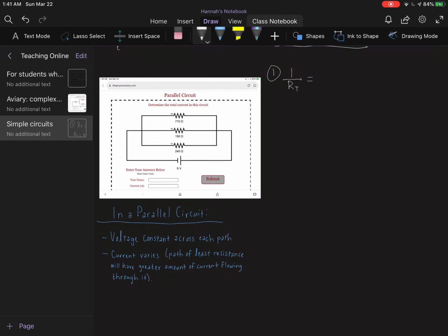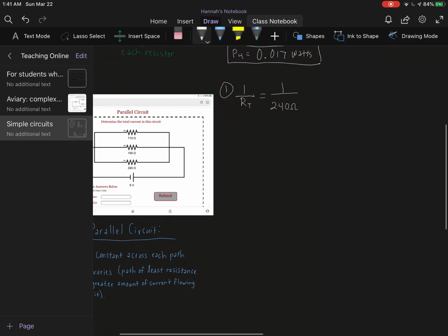Okay, so for this problem, reciprocal just meaning 1 over whatever your resistance is, okay? So 1 over 240 ohms plus 1 over 150 ohms plus 1 over 710 ohms, okay?